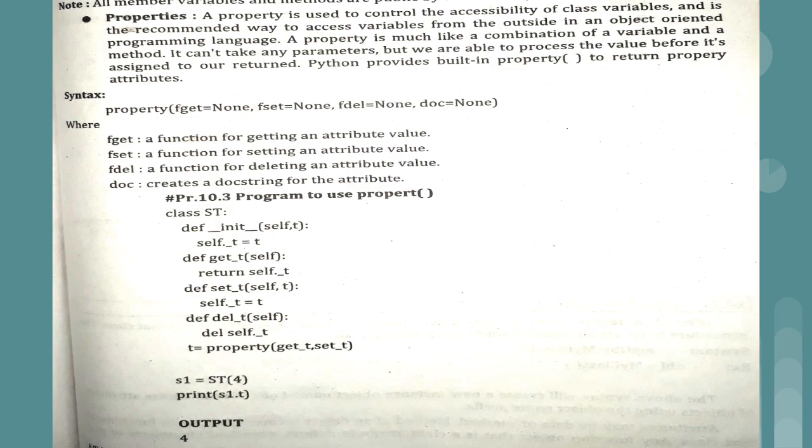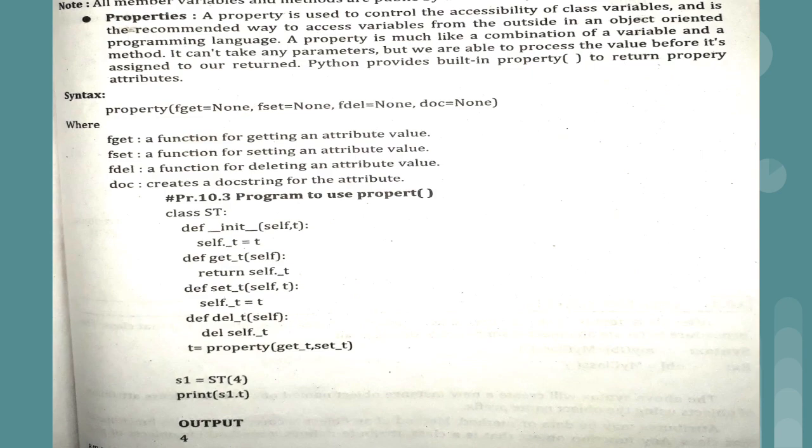Now the next thing which we are having is properties. We do not have a properties concept in C++, but in other higher programming languages like .NET we have the property get and set. These are the properties which are used to take the values from the user and display them.